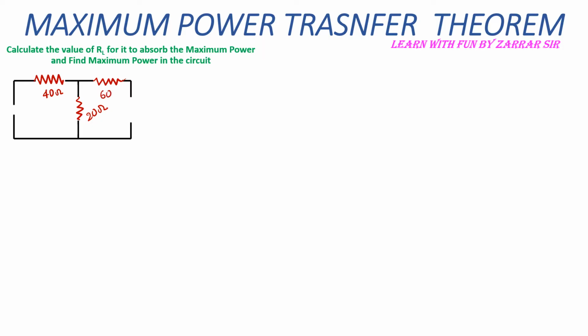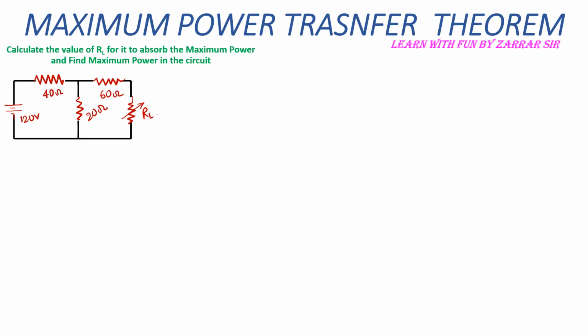Let's take this as 60 ohm, and over here a load resistance RL. So this is my load resistance. Let's take one voltage source as 120 volts. Okay. So this is the circuit where we need to calculate the maximum power.